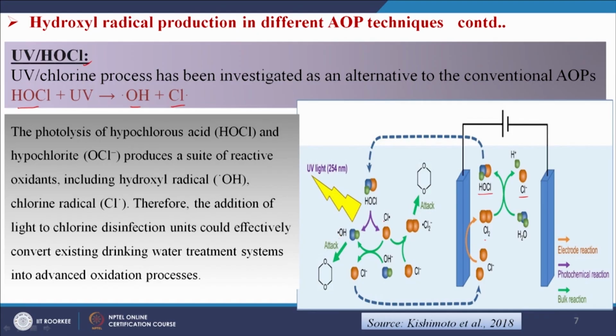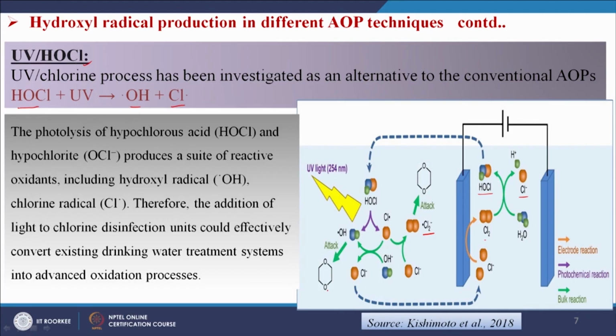Once OH dot and Cl dot are formed, the Cl dot can further react with Cl minus to give Cl2 minus, and that will attack the organic compound, and this OH dot will also attack the organic compound. Similar attacks will continue until the complete organic compound is degraded and converted to CO2 and H2O.